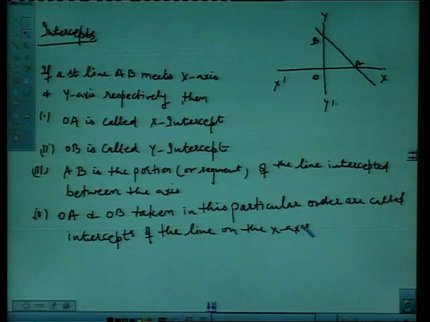Means this portion is called x intercept and this portion is called the y intercept. This is our intercept.